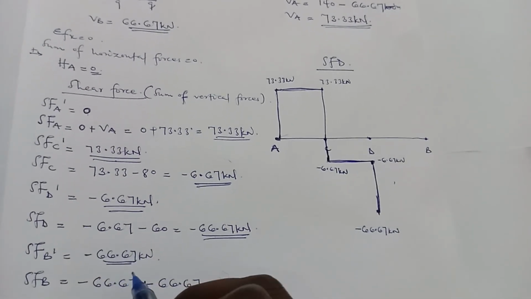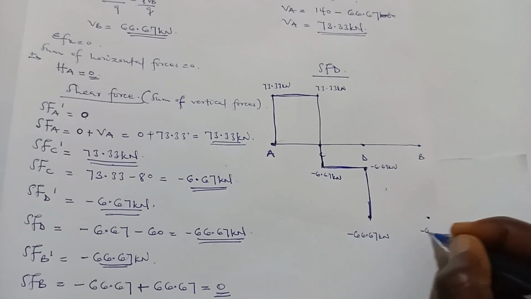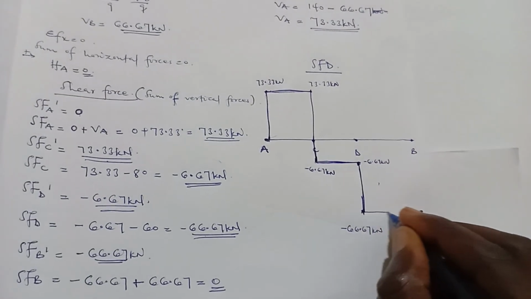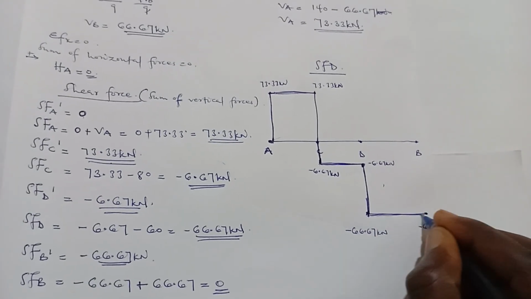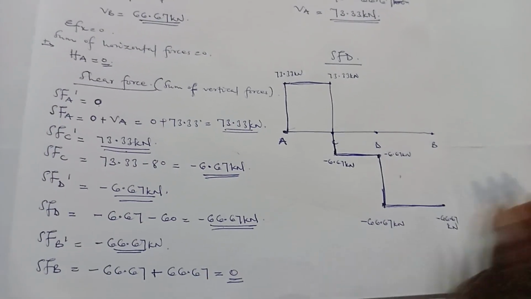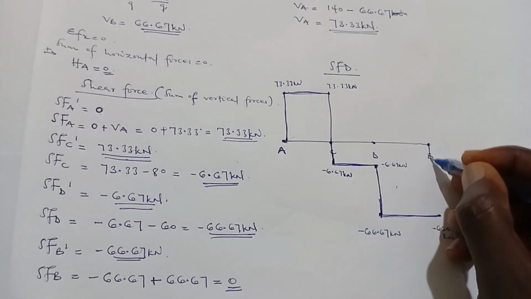Then shear force at B prime, negative 66.67, here, negative 66.67 kilonewton, and connect these two. Then lastly, shear force at B, I have to come back to 0. So 0 is on the line, then 0.